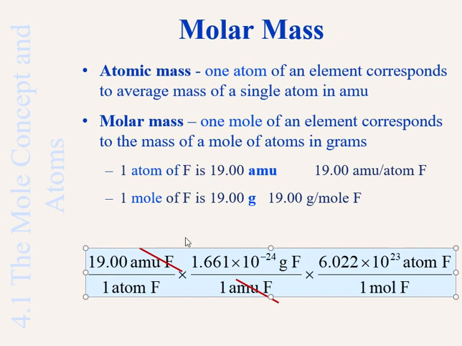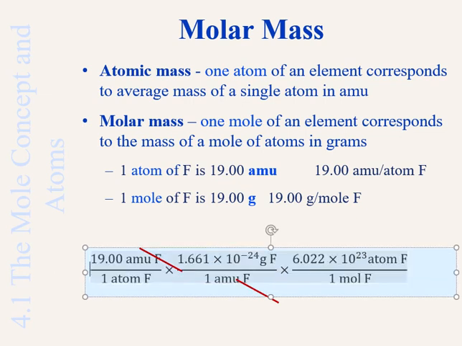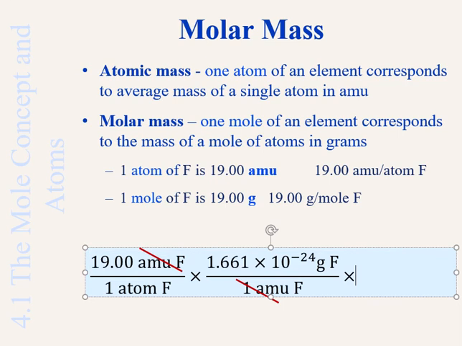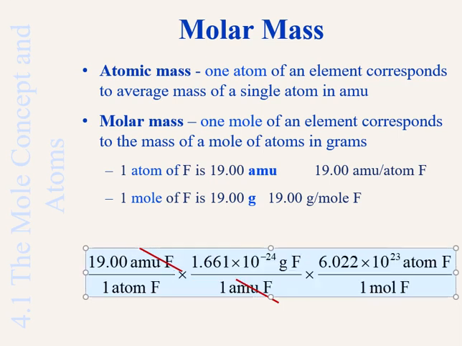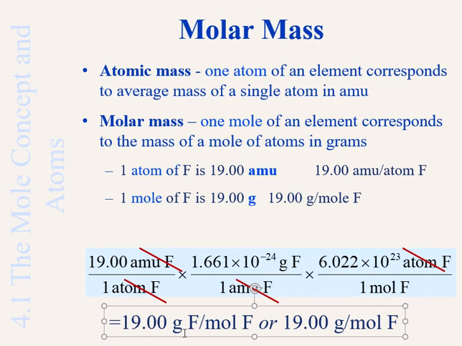Put this in parentheses, put this in parentheses, and then put this in parentheses. And when you do this calculation, you get a number, and that number is 19.00 grams. Okay, so this is how we arrive here.